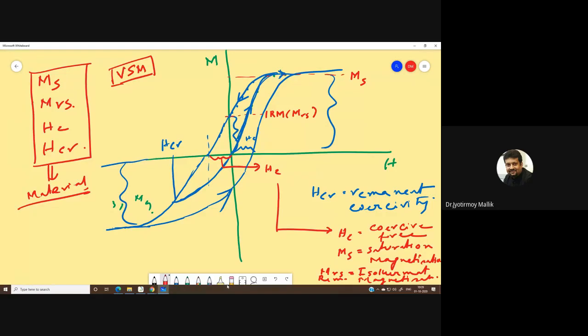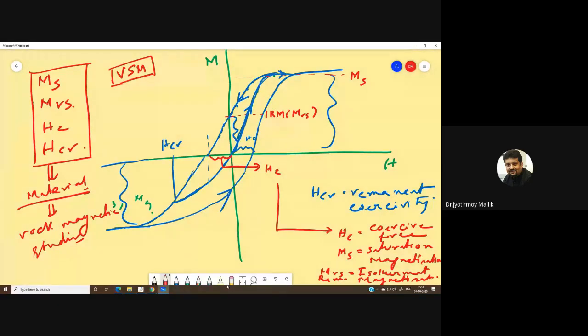And we will see how we can use MS, MRS, HC, and HCR for our rock magnetic studies later on.